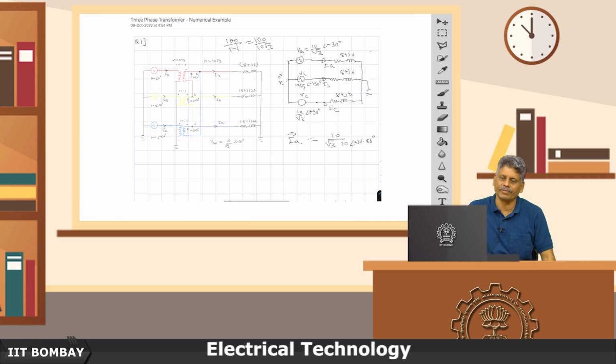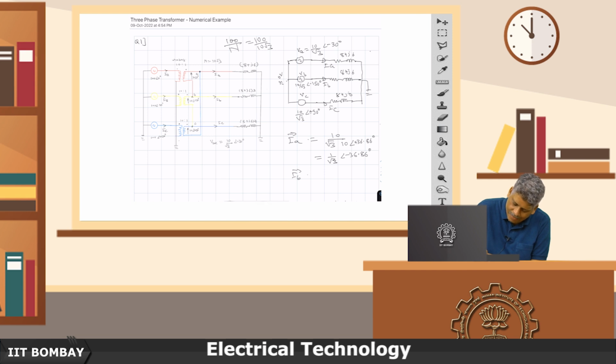I said cos inverse of 0.8 is 36.86 degrees. So therefore the current is going to be 1 by root 3 at an angle of minus 36.86 degrees.